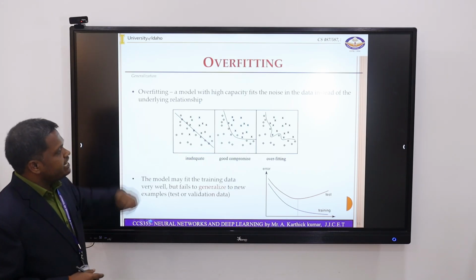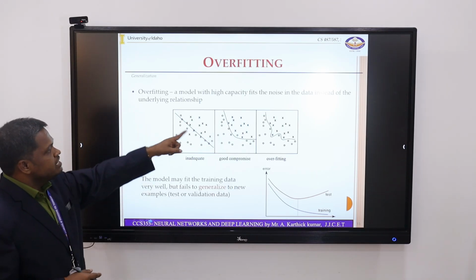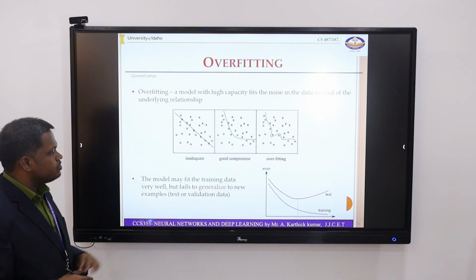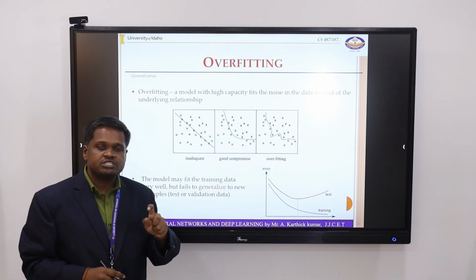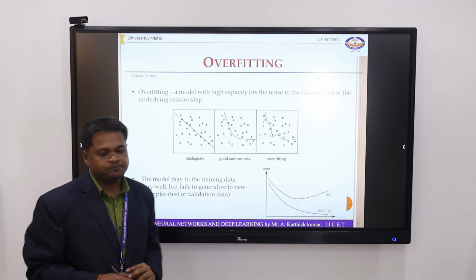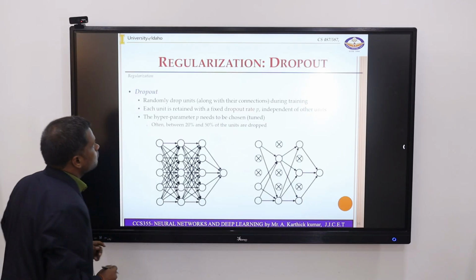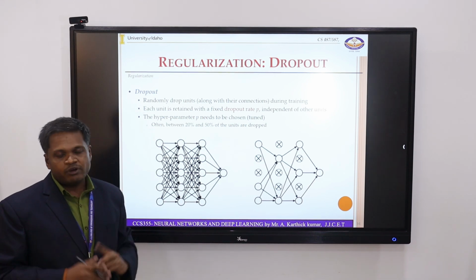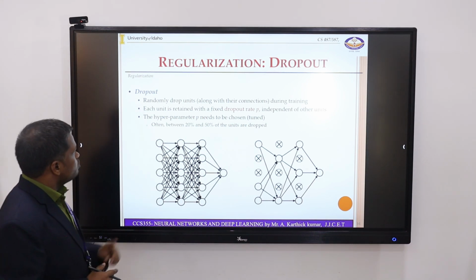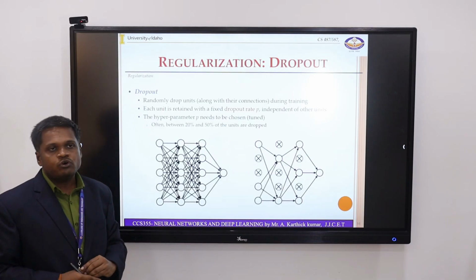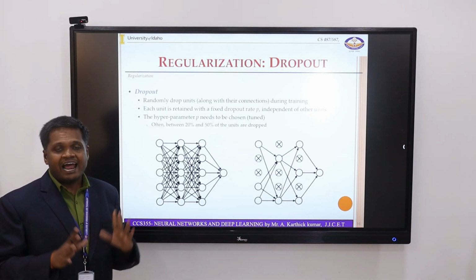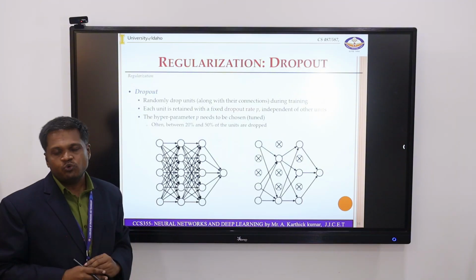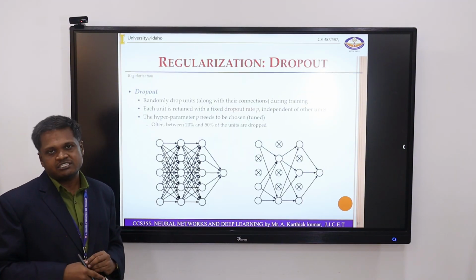Okay, so overfitting: high capacity fits the noise instead of the underlying relationship. So we have to give a solution for this overfitting. Regularization will be a solution for avoiding it. We randomly drop neurons to reduce the losses.